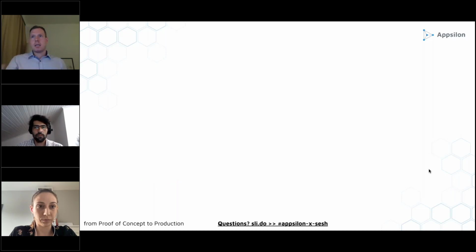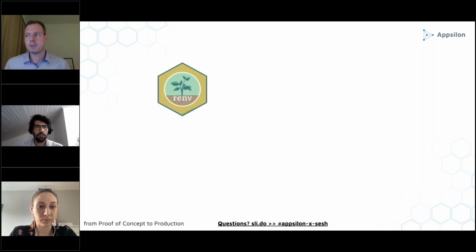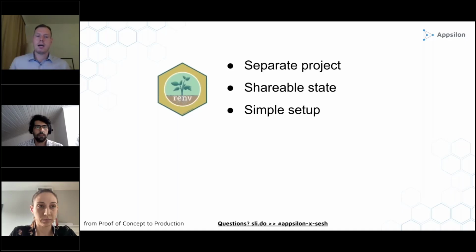But going deeper into this topic is the whole environment for your packages and R version. So I would recommend using renv that separates your project environment, your packages for your project, from your other projects.